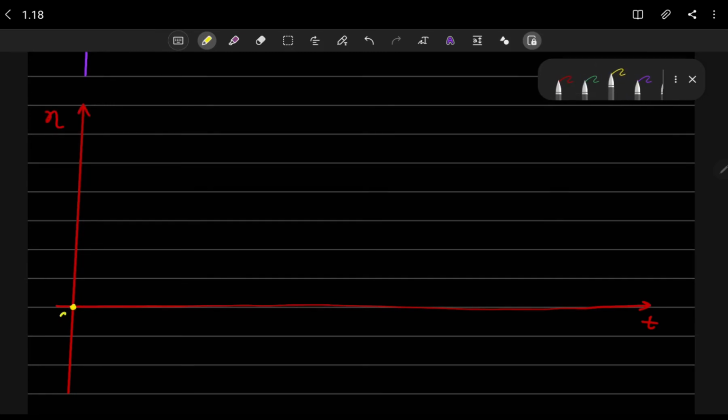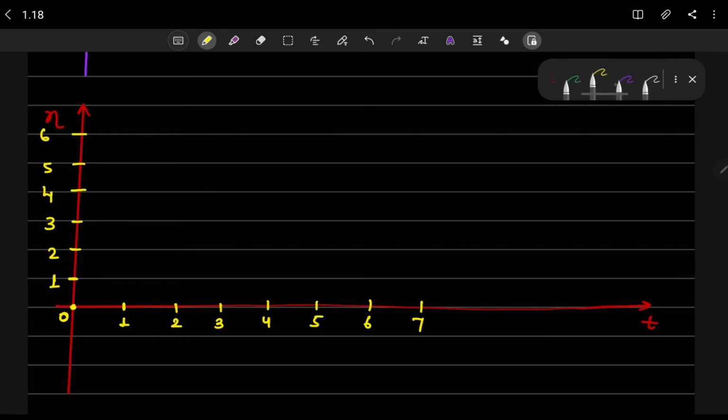So let us denote, this is 0, this is 1, 2, 3, 4, 5 and 6, 7, and this is the 1 meter, 2 meter, 4 meter, 5 meter and 6 meter. Okay, at point 0 the position is 0, that we know, and at t is equal to 1, point B, we have found out the position is half.